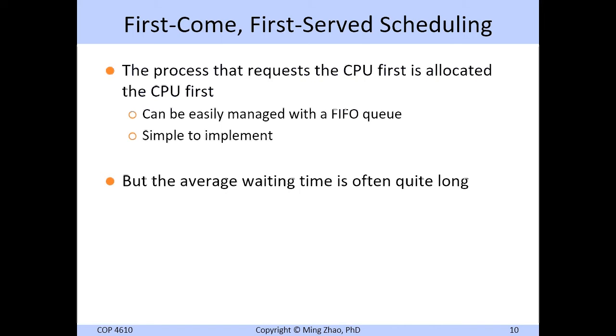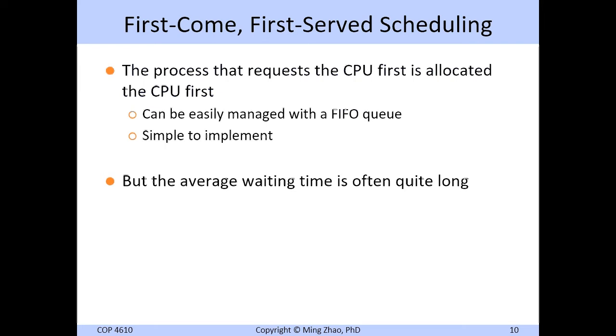We can easily implement this scheduling algorithm using a FIFO queue. If we implement the ready queue, where we place all the processes that are ready to run, as a FIFO queue, the first process inserted into the ready queue will be the first one to get out of the ready queue, the first one that will be scheduled.